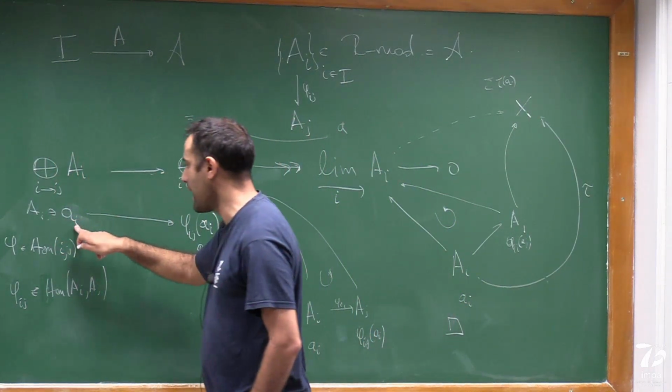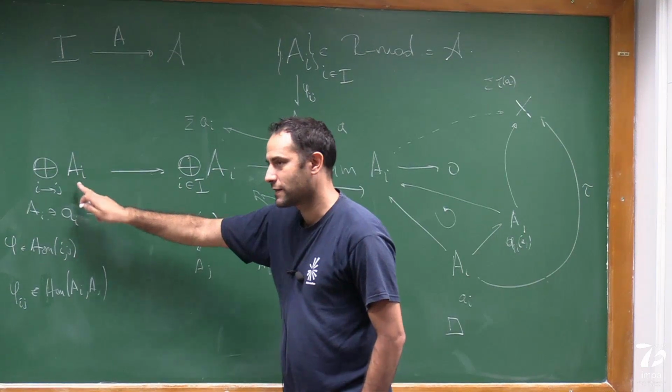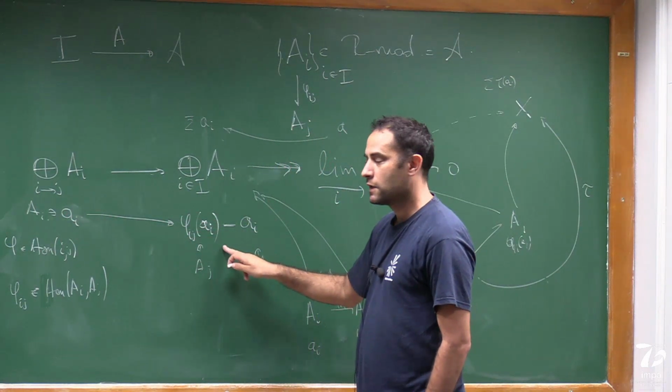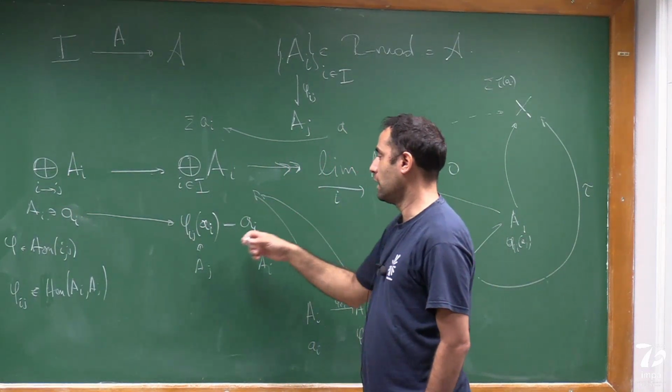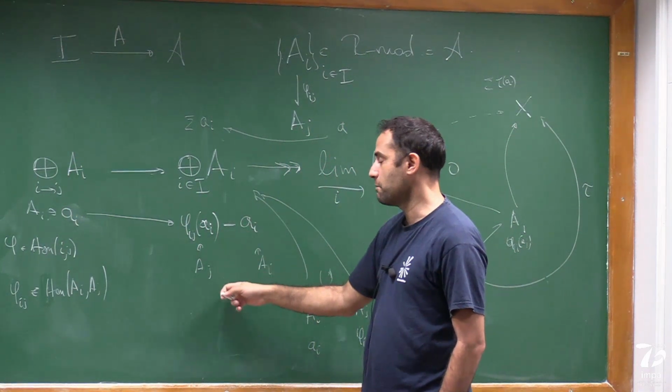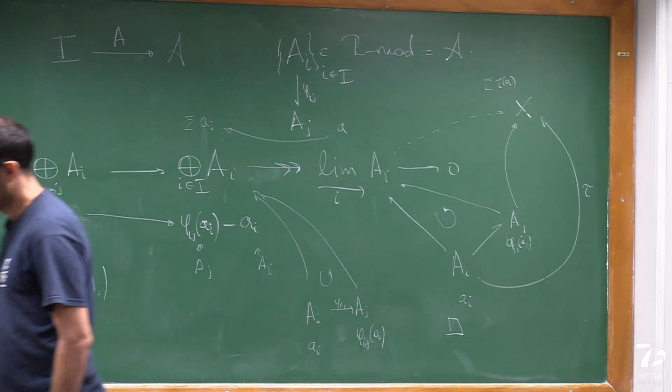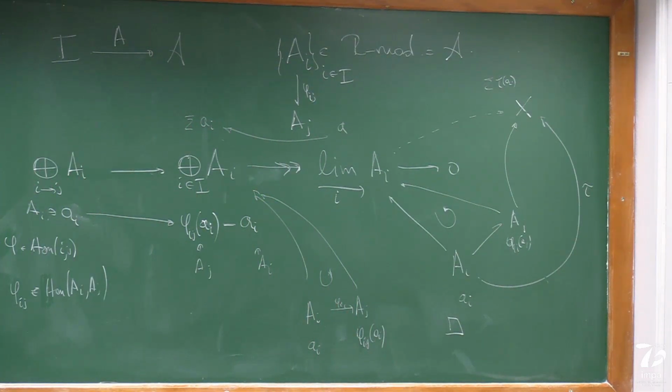Here I'm using an element a_i in each one of the summands. I'm telling you where it goes. So try to write this complex without using little a's and big A's. That wasn't really an abstract thing. That was really for the category of R-modules.